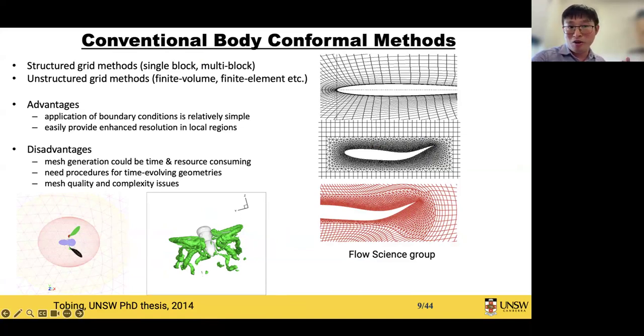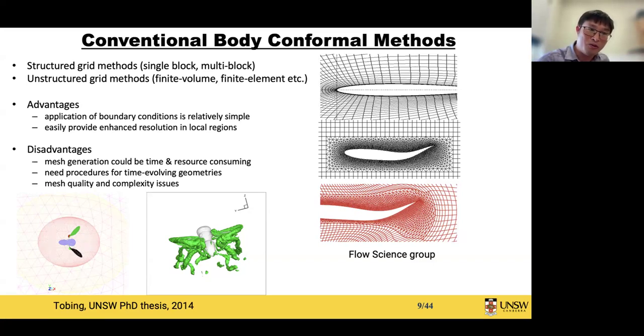The usual methods include the finite volume method and finite element method. The advantages of these methods are that the boundary condition is easier to apply, and it's also easier to provide enhanced resolution in local regions.